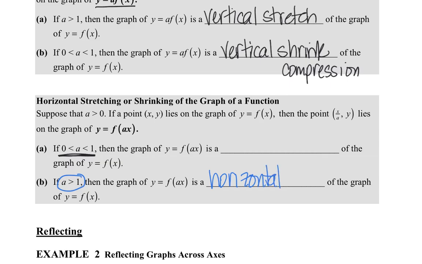Everything's backwards when it deals with the x-axis. So if A is greater than 1, your x values will be smaller. And when A is between 0 and 1, this is a horizontal stretch.